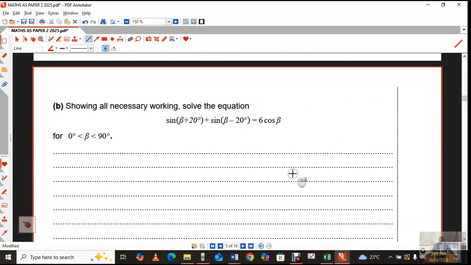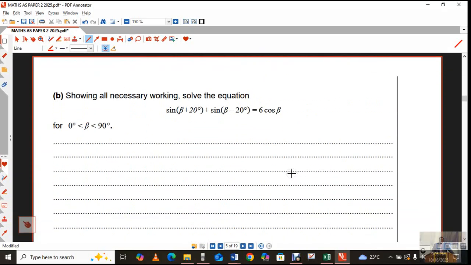Right, let's look at the B part. Now they say, showing all necessary working, solve the equation. I hope, again, as I said, you can go to your list of formulae to know how you can write this. This over here is sine beta cos 20 degrees plus cos beta sine of 20 degrees.